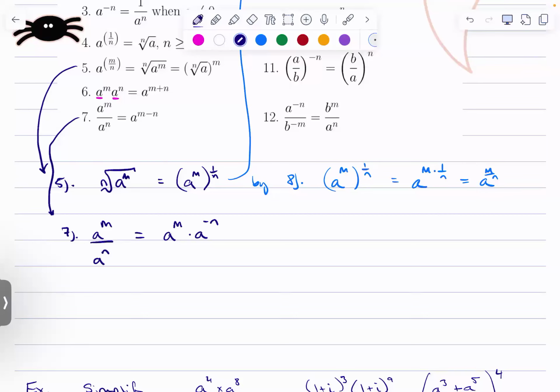But notice now that I have the same base, which means that by property 6, if I have the same base being multiplied, then what can I do? Then I can say a to the m plus negative n, which is a to the m minus n.